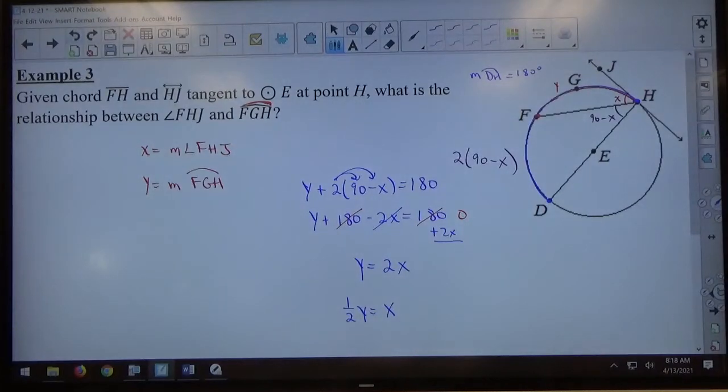Two relationships that are very much like the relationships we saw yesterday. The arc is twice the angle, or the angle is half the arc. Take your pick on how you want to look at it. The relationship is the same. x is the angle, y is the arc.